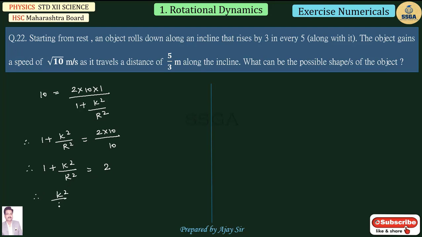Therefore k square upon r square is 2 minus 1, so k square upon r square is equal to 1 only.